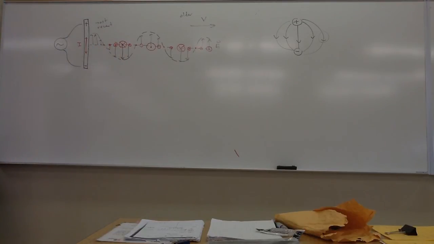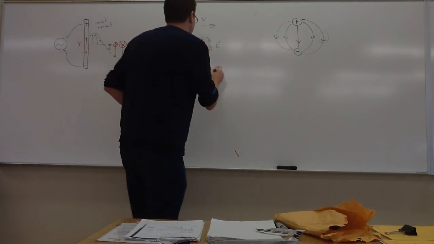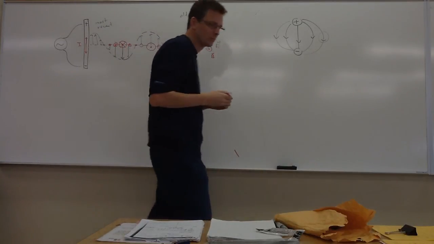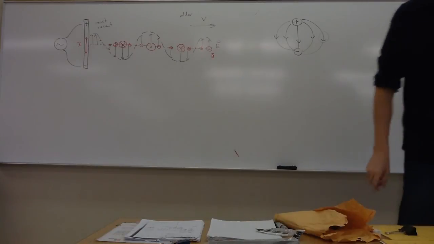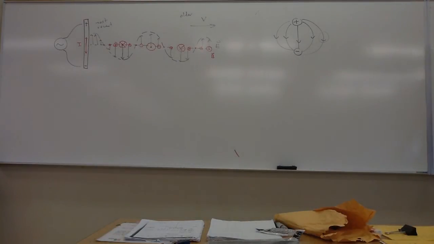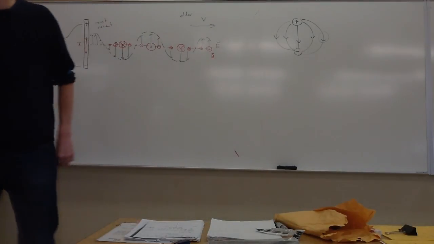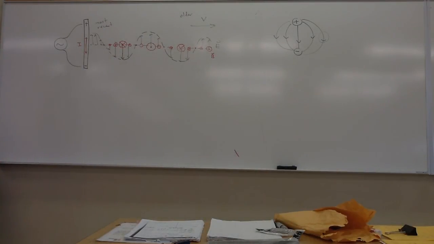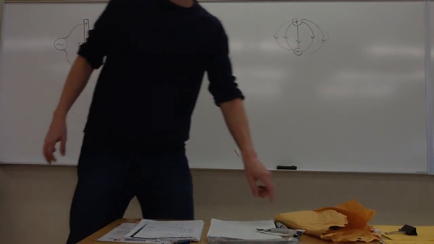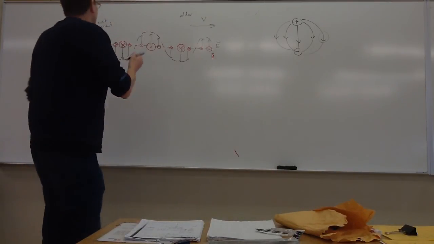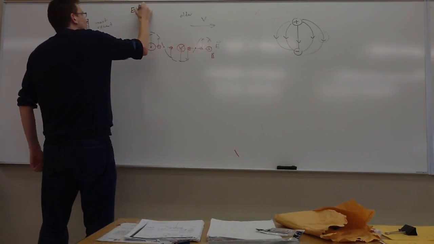Okay? So this is the magnetic field. Now, what I'm really trying to draw here is basically two waves. There's an electric and a magnetic oscillation going on simultaneously. This is what's called an electromagnetic wave, or EM wave.